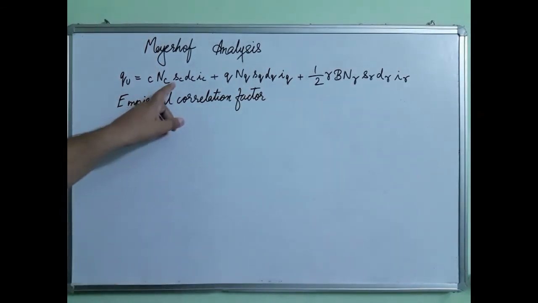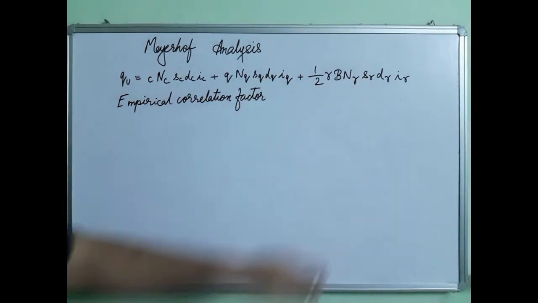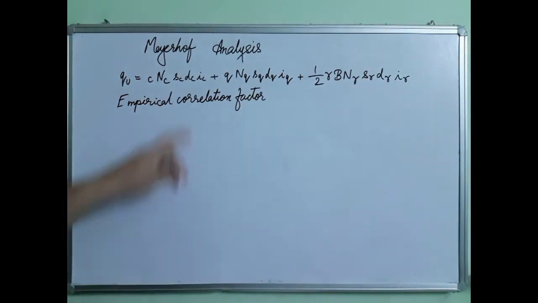The S values like Sc, Sq, S gamma are called shape factors. Then Dc, Dq, D gamma are called depth factors, and Ic, Iq, I gamma are called inclination factors.